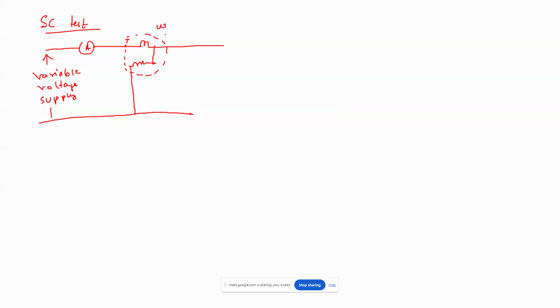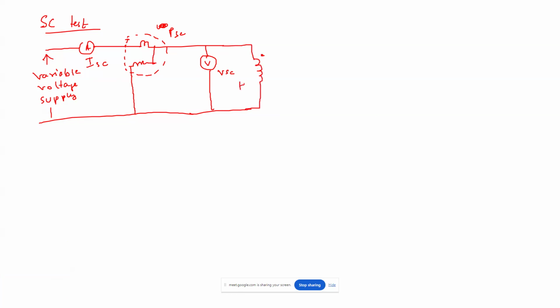Now this wattmeter will give you PSC. This current is ISC. This is the voltage VSC. And then you have the transformer winding like this.